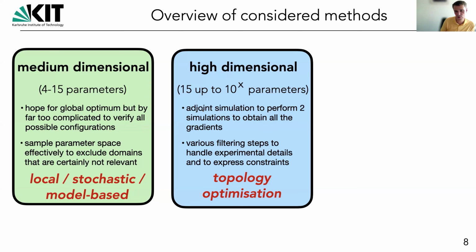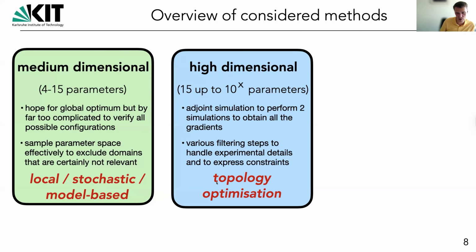With these 2 full wave simulations we obtain the gradients of the objective function with respect to all degrees of freedom. This is quite powerful to start local gradient-based optimization, and using various filtering techniques, we can also express constraints and experimental details.